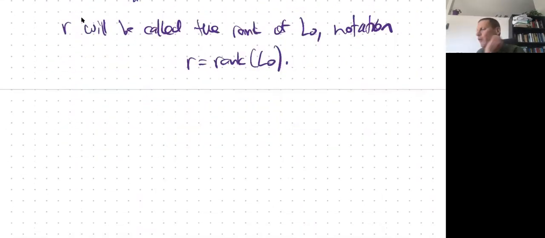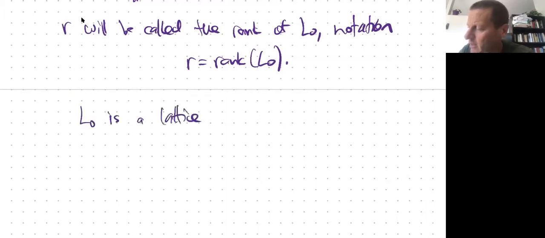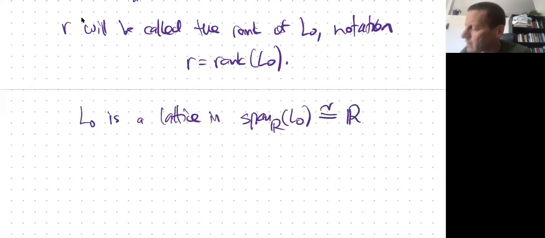I want to define a co-volume of L0. L0 is not a lattice in R^n, but L0 is a lattice in the span over R of L0, which is a space isomorphic to R^r.